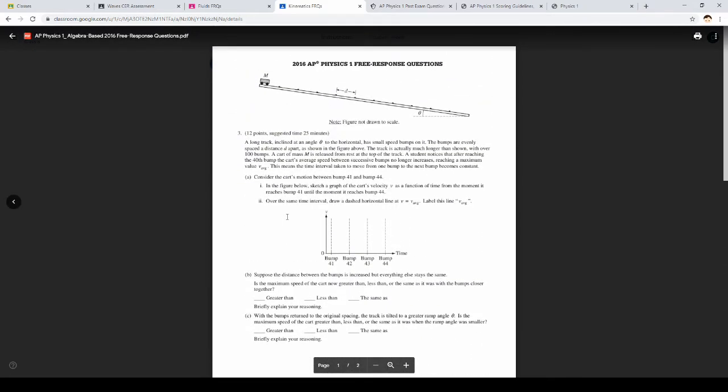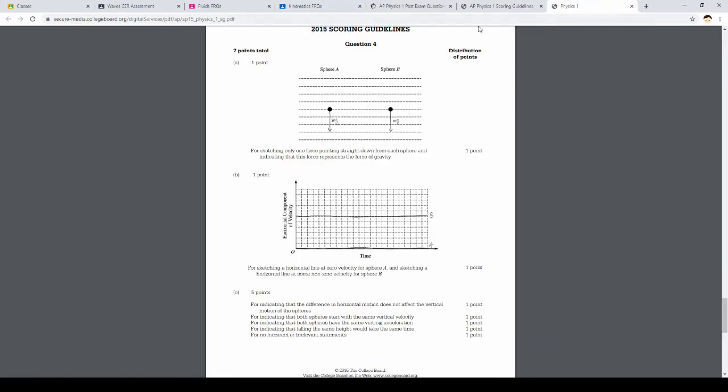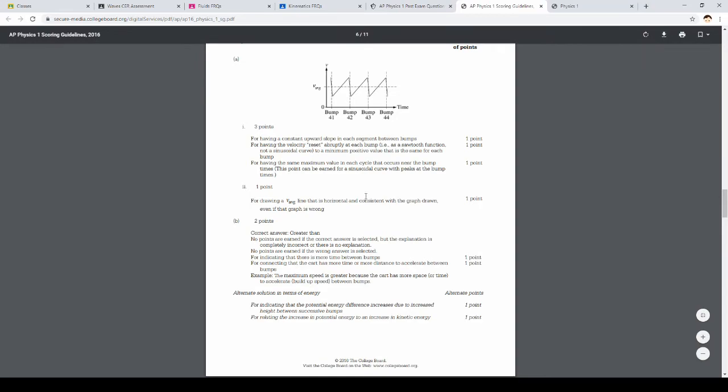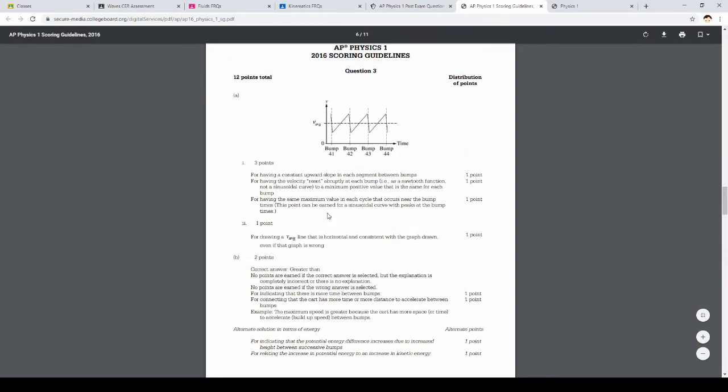Okay, this is a long one. It's a 12-point question, so we're going to break it down. Part A, we have a sketch of a graph with two parts. If I look at the scoring guideline for this, that is actually 4 points total. Part 1, having a consistent upward slope in each segment between bumps, so showing that your cart between bumps is going to accelerate.